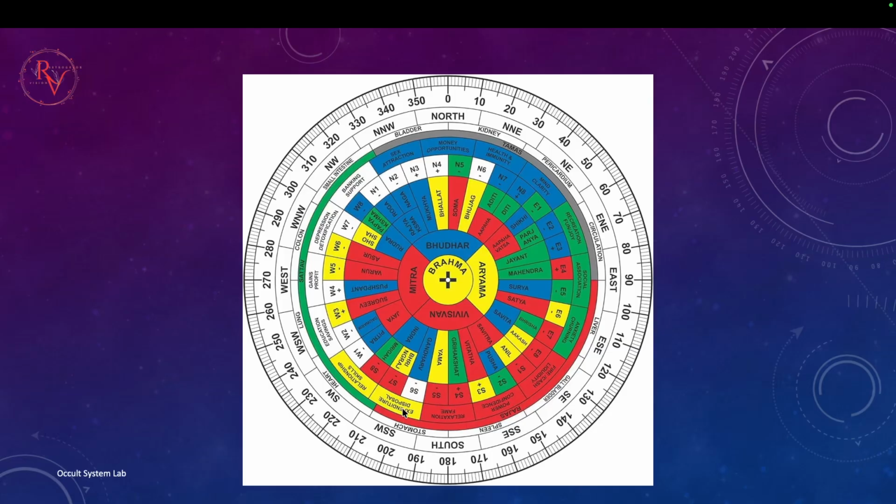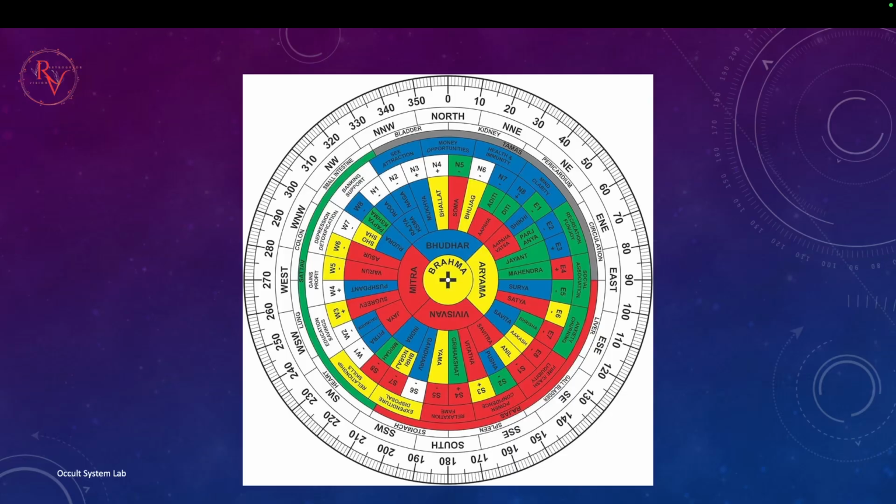Okay, then from south of southwest up to southwest, these 2 slots are governed by the earth element, yellow color. And from west southwest up to northwest, it is governed by the space element. Okay, so these 5 elements govern the 16 directions. So the entire game is to balance the 5 elements. If you balance the 5 elements, the 16 directions will get balanced automatically, or vice versa.